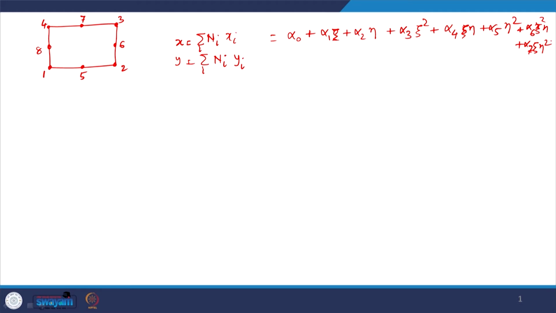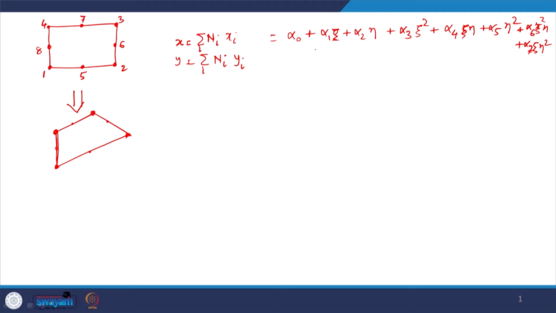So, isoparametric mapping, but let us say this element is distorted into a bilinear distortion. So, we are essentially using only 4 nodes. Mid-side nodes we can also use, but the values of these mid-side node coordinates would be linear interpolation between the coordinates of these corner nodes. So, effectively it is the same as using these 4 corner nodes.